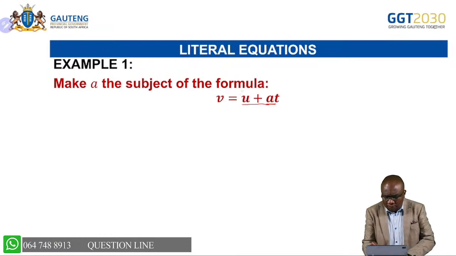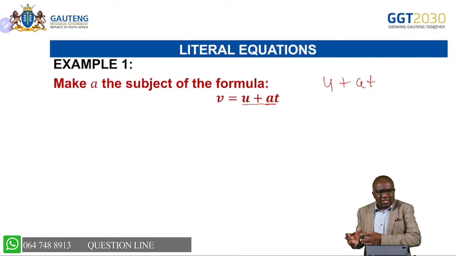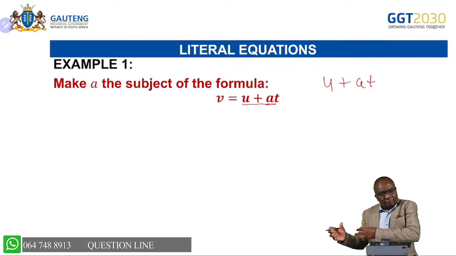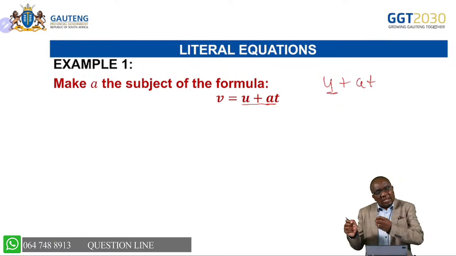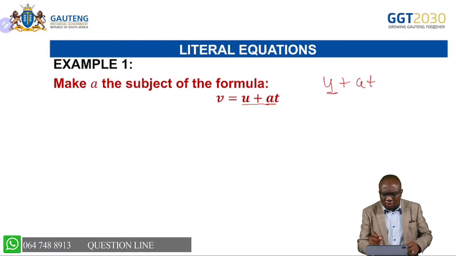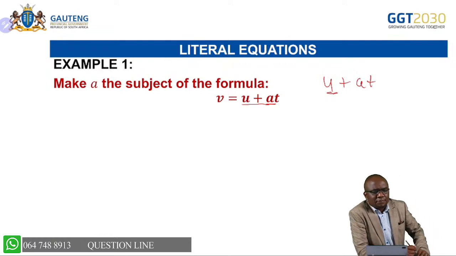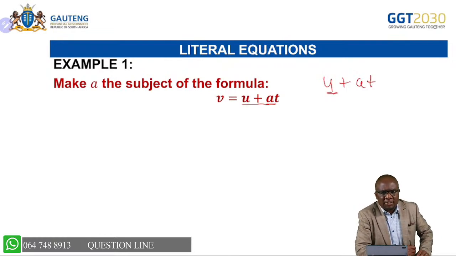So we have U plus AT. Start by eliminating the other term. U is the other term because they are separated by plus. Start by eliminating that. Now, how do we get rid of this U? Do the inverse operation. Just that, you're done.